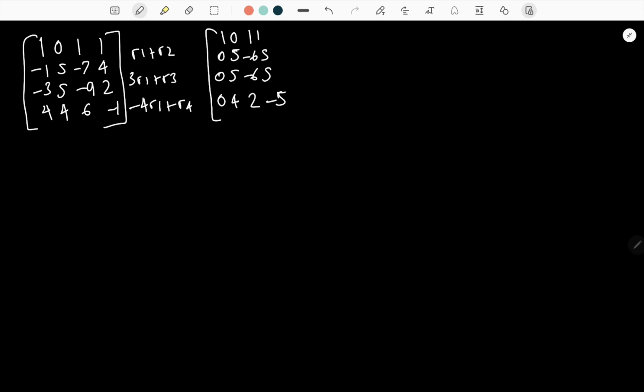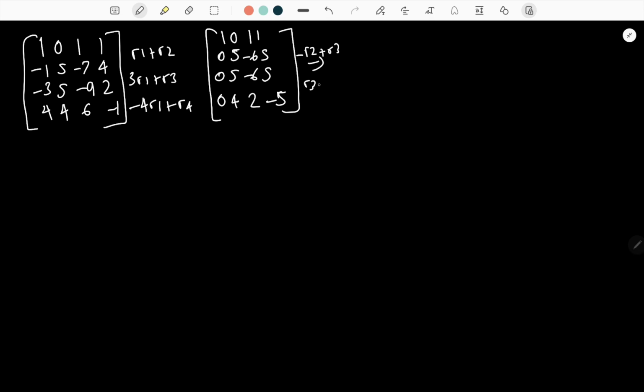So let me just bring the 0 row down. So now, if we do R2 minus R2 plus R3, this will be a 0 row. So let's just bring it down. We can flip it with this row. So let me just do that right now.